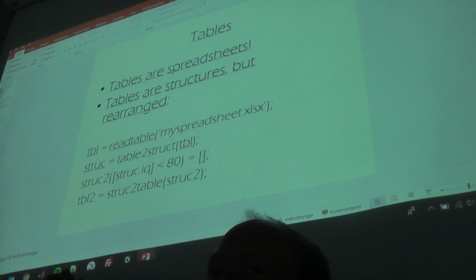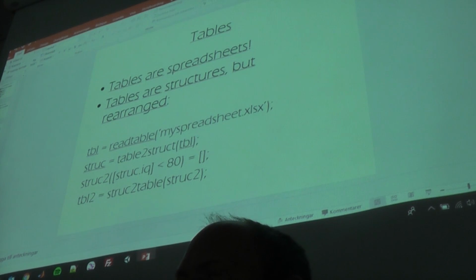If you have an Excel sheet with data, you can read it into a table. And a table is a structure, but it's sort of rearranged. People didn't get structures as well as they got tables, because most people have Excel or SPSS in their head.